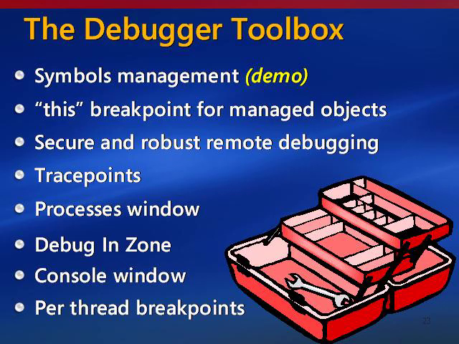Trace points. You're all familiar with what breakpoints are, right? You set a breakpoint and your application breaks at a certain location. The idea behind trace points is that what if you didn't want your application to break there, but you wanted to perform some other action? Let's say you wanted to print out a message or log a message or run a macro. The idea behind trace points is that that's exactly what it allows you to do.